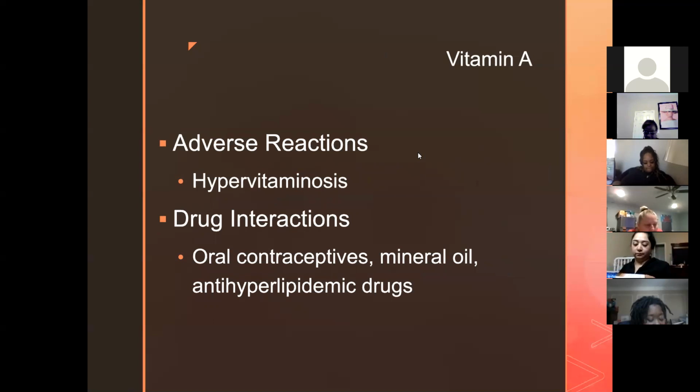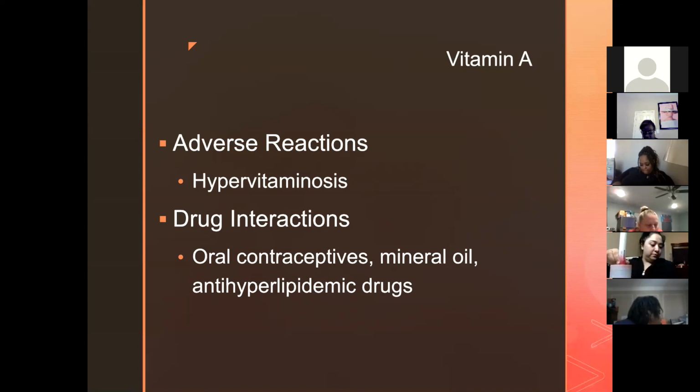If you have a patient who is taking vitamin A, you want to be careful because we don't want them to get hypervitaminosis, which is when your patient has too much vitamin A in their system.